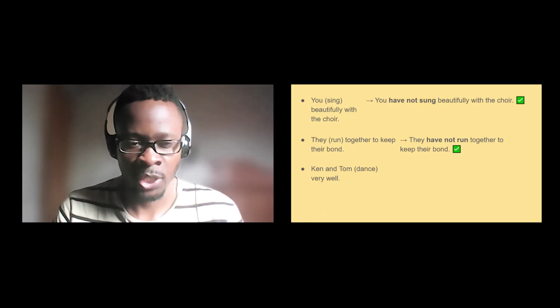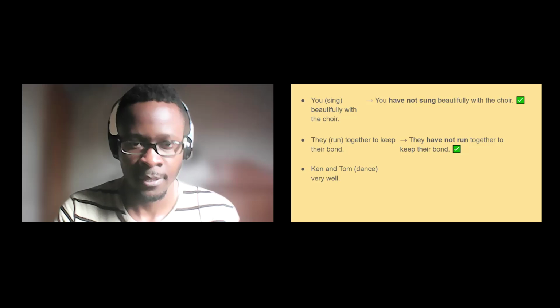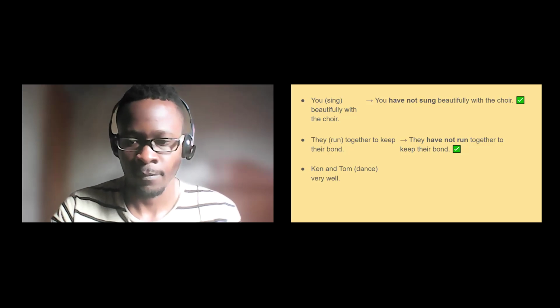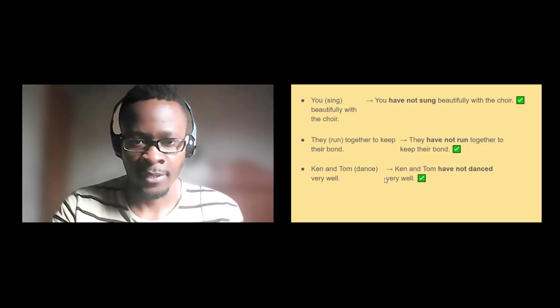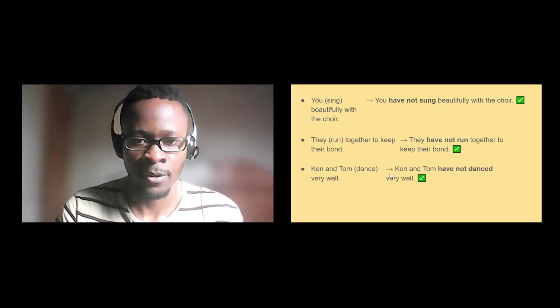So the collective subject is they. So for the subject they, the rule says we have to use have, and we make it negative by putting not after that. And our verb needs to be in the third form, the past participle. The full correct sentence is therefore, Ken and Tom have not danced very well.